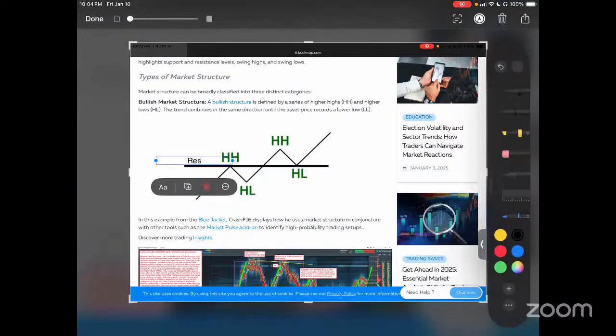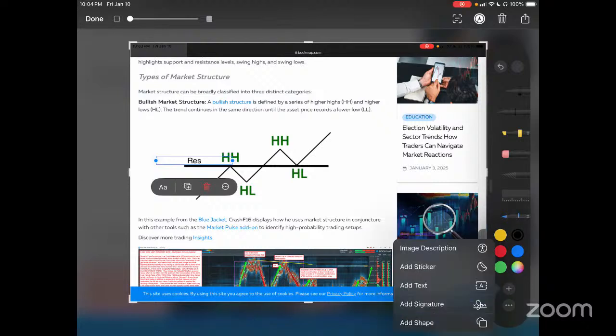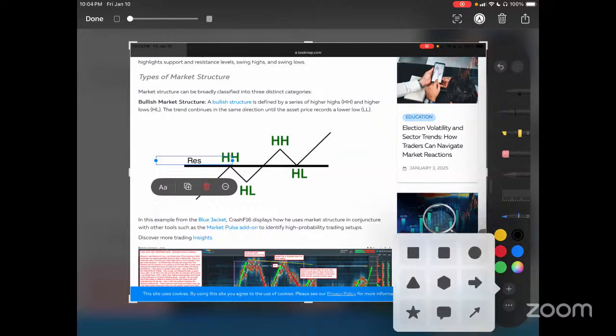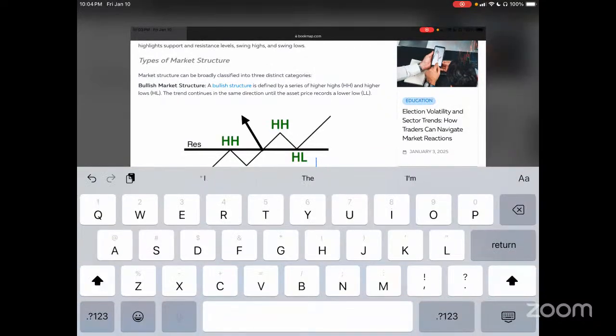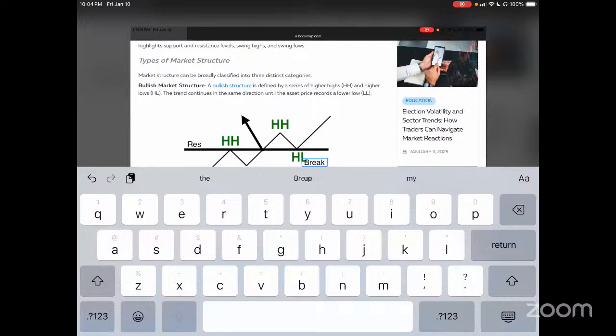You need to see the market break. So go ahead and identify the break. So you're going to take an arrow this time instead. And then we're going to say break and close.